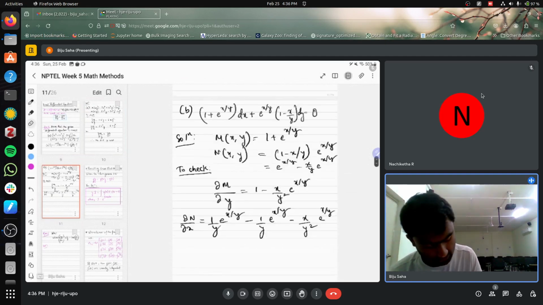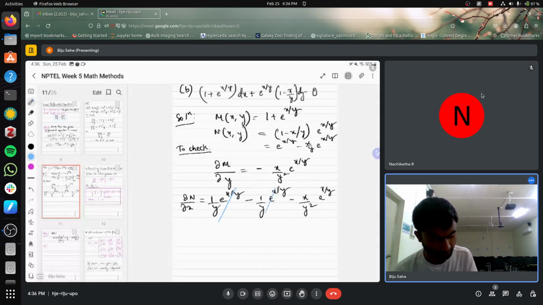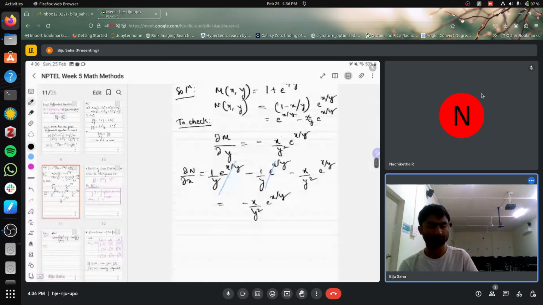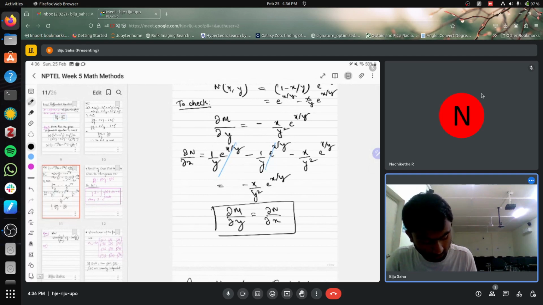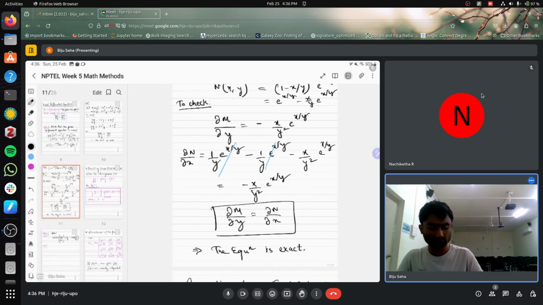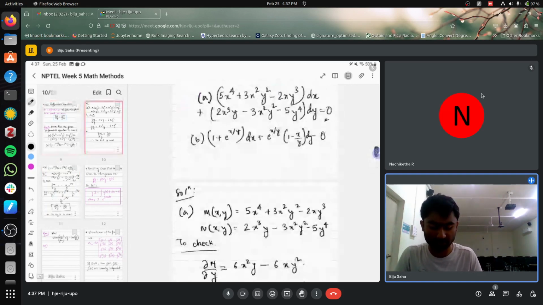Sorry, this is supposed to be this itself. So this part and this part cancel. So we have del M by del y equal to del N by del x. Therefore, the equation is exact. So this is how to check whether a differential equation is exact or not.